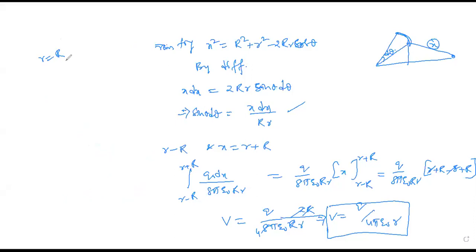When the point lies on the surface, there will be no difference between capital R and small r. This small r was the point P, and this is our capital R. When the point you are taking is on the surface, this point comes here. So R is equal to capital R. This point itself comes over here, so you won't get any such difference.